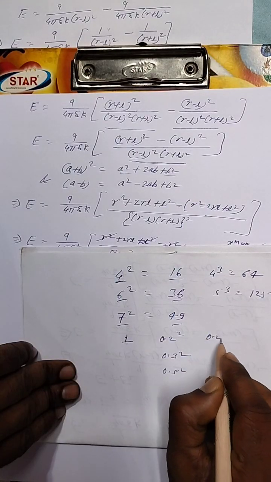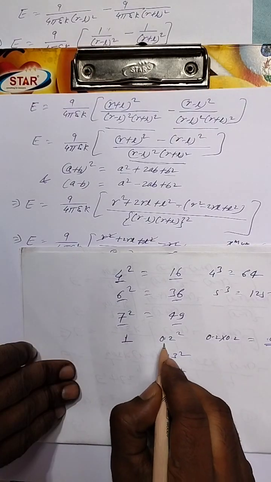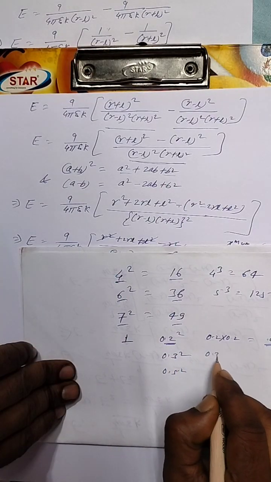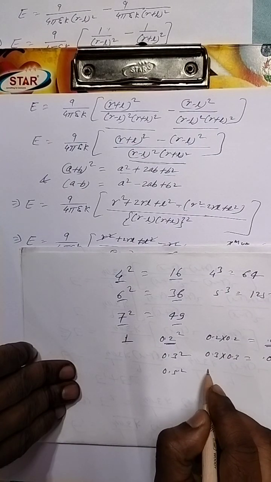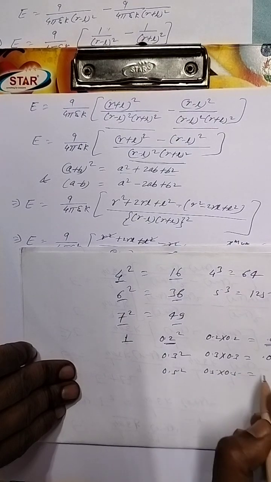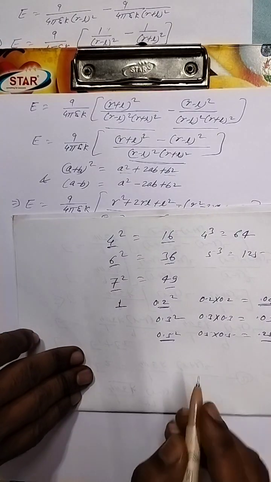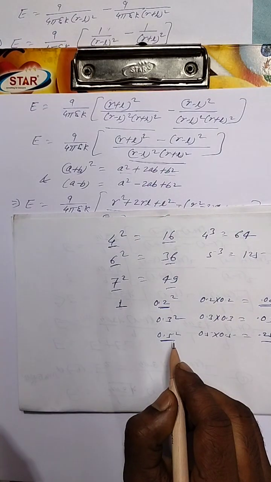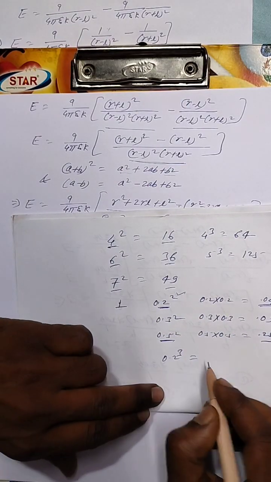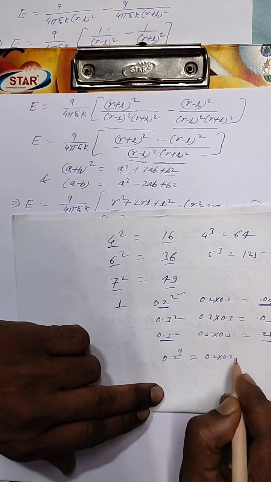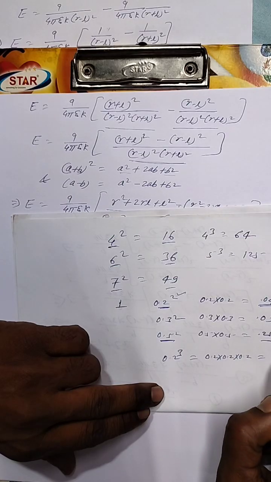Okay, 0.2 multiplied by 0.2 is equal to 0.04. Look at this value and this value. 0.3 multiplied by 0.3 is 0.09, 0.5 times 0.5 is 0.25. Look at this value. Suppose we increase the power of 0.2 to 3, we get 0.2 multiplied by 0.2 multiplied by 0.2 is equal to 0.008.